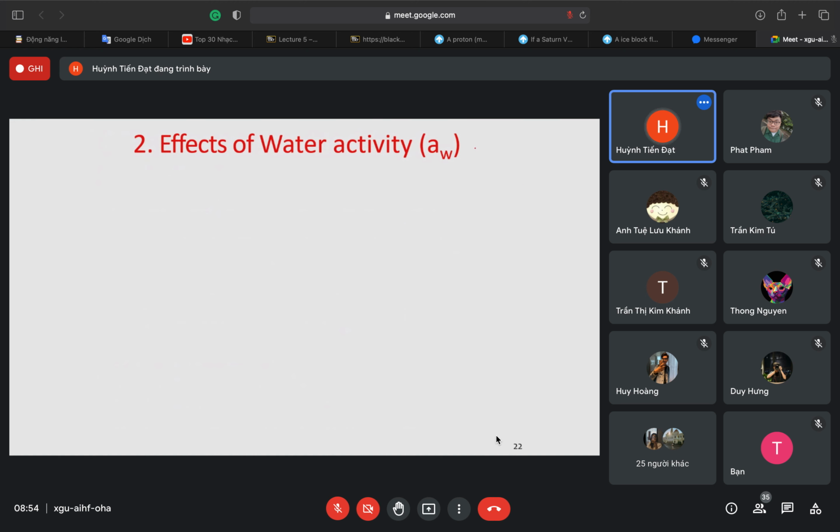So we talk about the second part, the effects of water activity. Think about the water in the food. I believe that you guys have already done food chemistry, food biochemistry. The water in the food is available in how many forms?